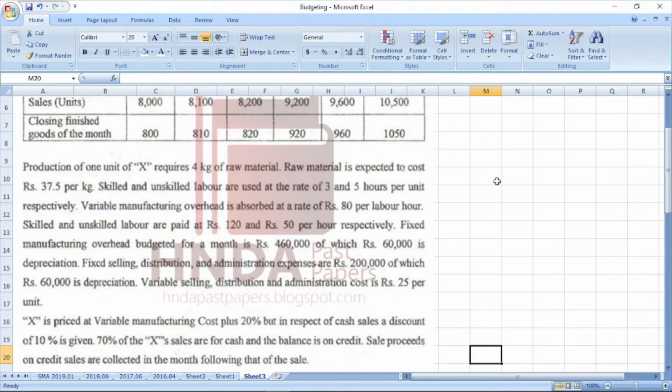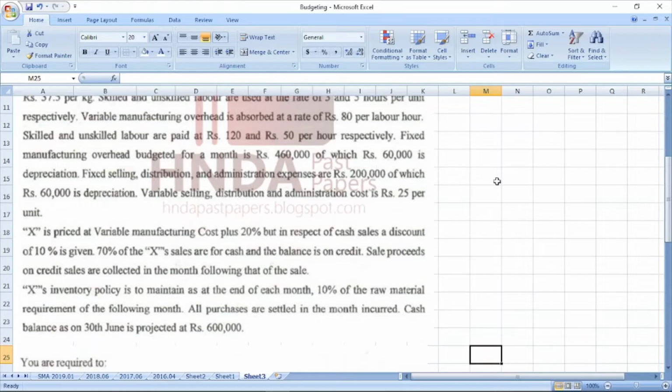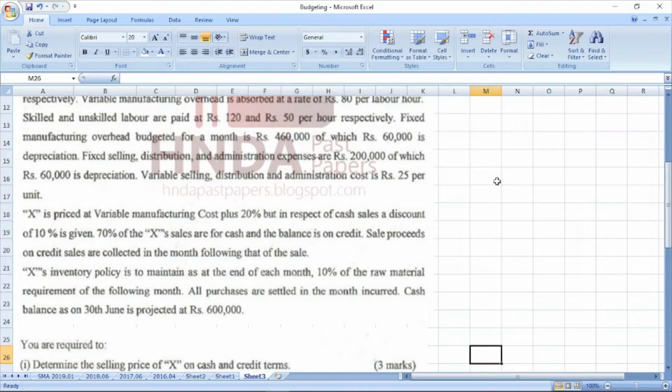Fixed manufacturing overhead budget for a month is 460,000 rupees, of which 60,000 rupees is depreciation. Fixed selling, distribution and administration expenses are 200,000 rupees, of which 60,000 rupees is depreciation. Variable selling, distribution and administration cost is 25 rupees per unit.